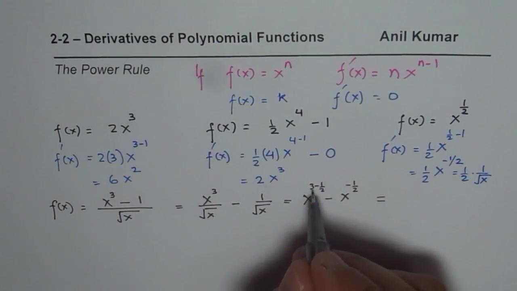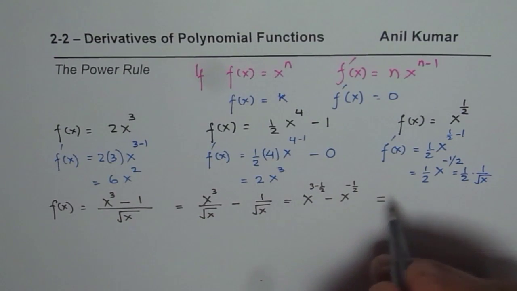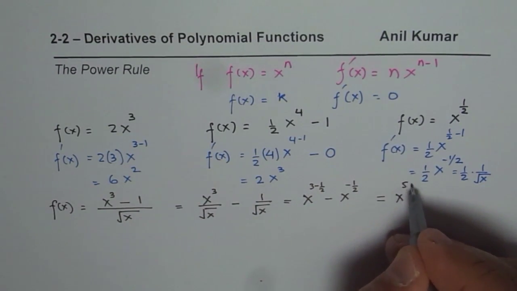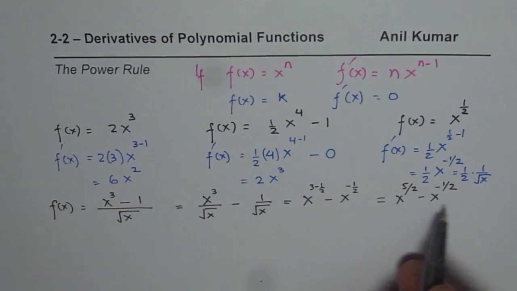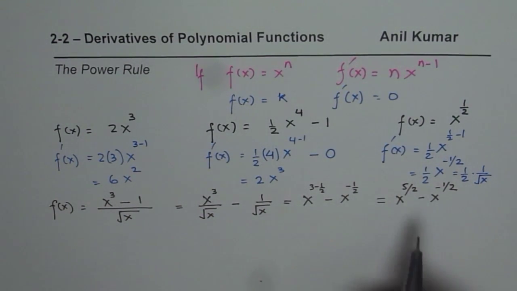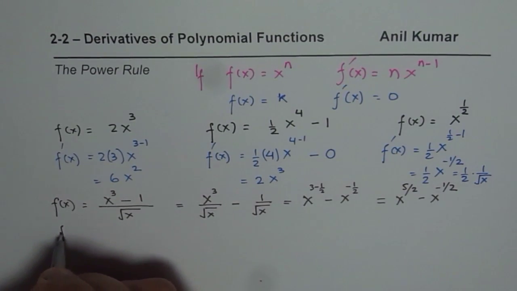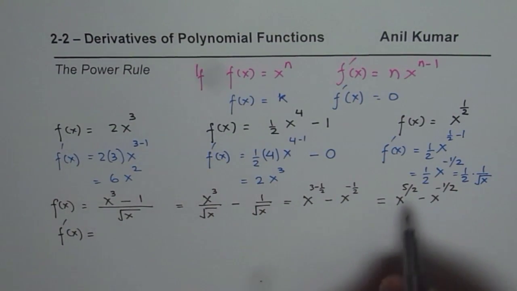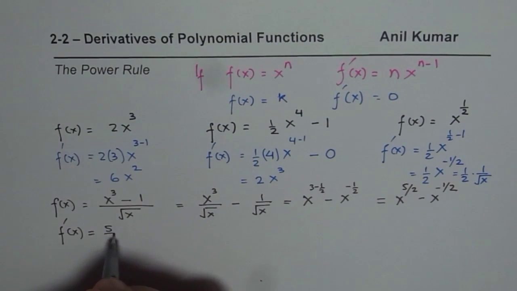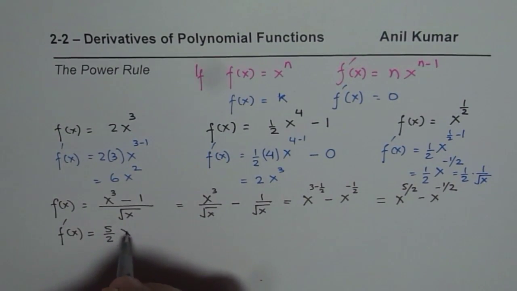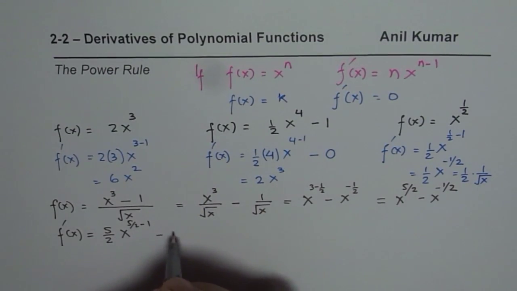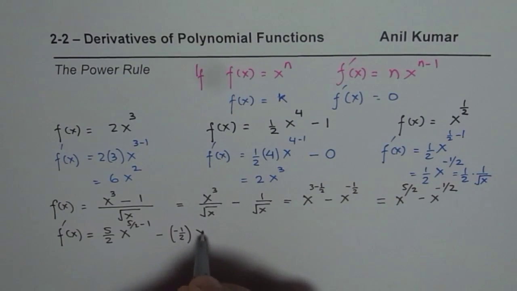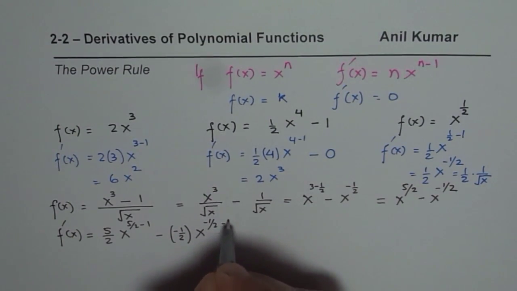Which you could write, 3 minus half as 6 minus 1 over 2, which is x to the power of 5 over 2 minus x to the power of minus half. Now you get a familiar expression. So now you can say f dash x is equal to 5 over 2 times x to the power of 5 over 2 minus 1, minus half times x to the power of minus half minus 1.